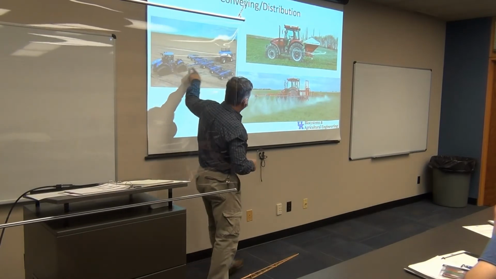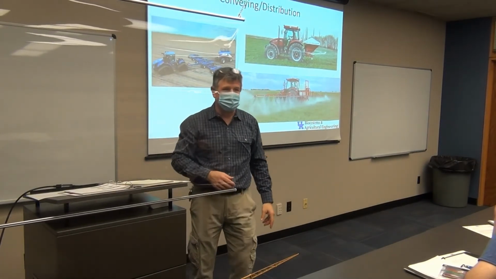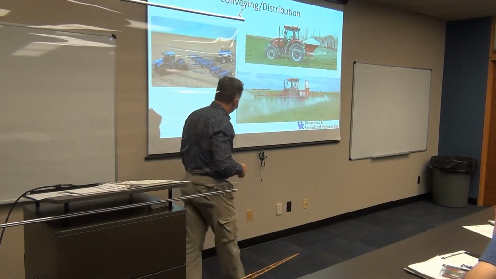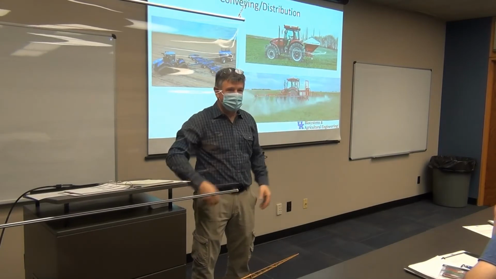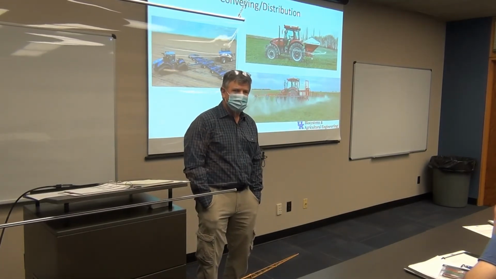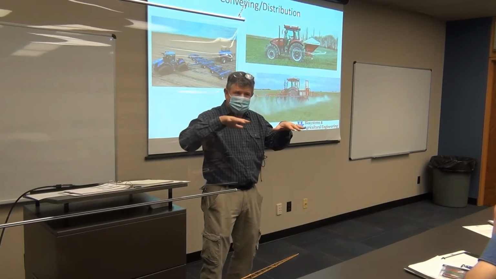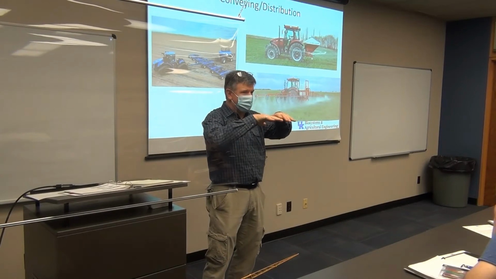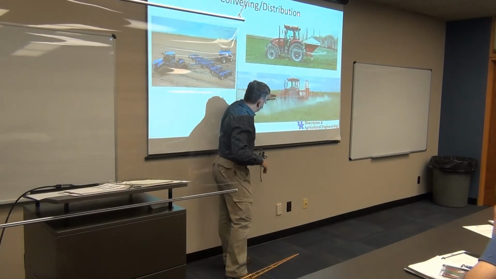So seed placement, granular placement, spreading, slinging, whatever, getting it out there somehow. Here's the liquid. Liquid we can get our head wrapped around. That's what we're going to be working on in the lab on Wednesday, looking at liquid application and how we do that, and looking at the distribution uniformity. How uniform is that across there? Basically I've got a boom.